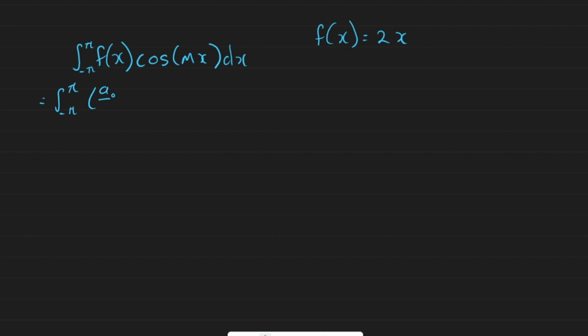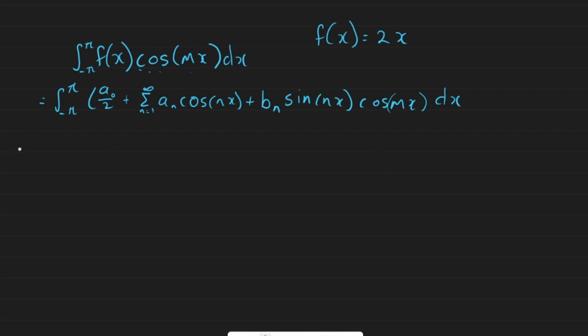It's a naught over 2 plus the sum, where we have variable n that starts from 1, goes to infinity, of an cos nx plus bn sine nx. And now we're going to multiply this by cos mx, and all this is being integrated with respect to dx.